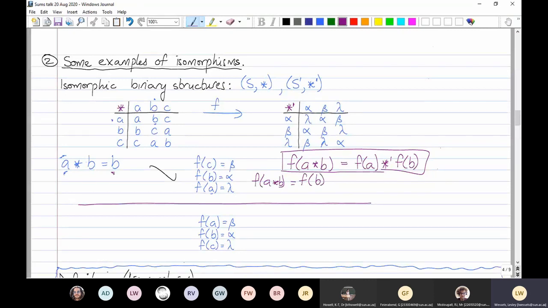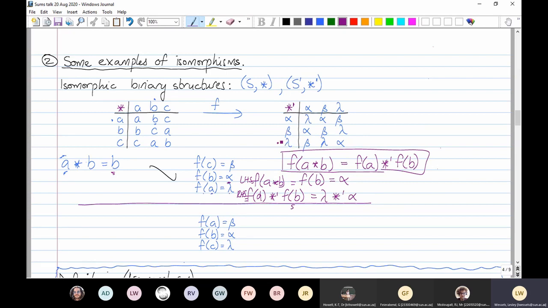So what is F of B? I said F of B should be alpha. This is my left hand side. My right hand side is F of A star prime F of B. F of A is lambda, and I chose F of B to be alpha.